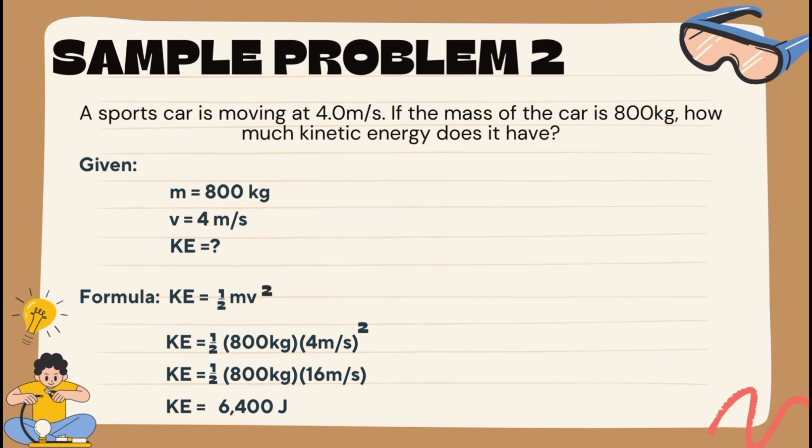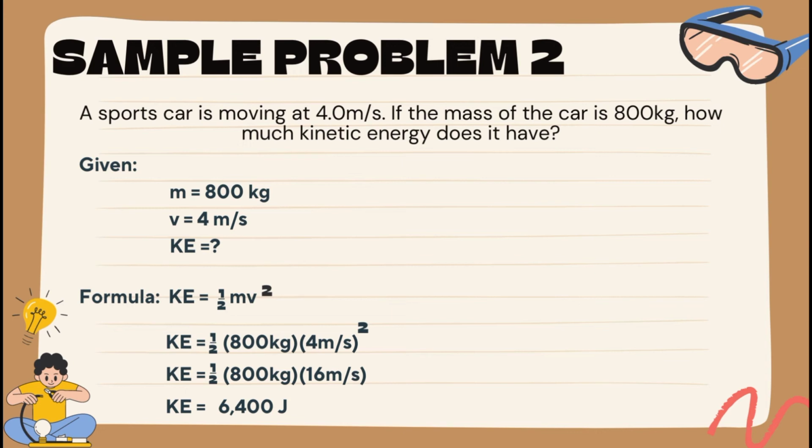The correct formula for kinetic energy is KE equals 1 half multiplied by m v squared, or KE equals 1/2 mv squared. After that, let's substitute all the given values. KE equals 1 half multiplied by 800 kilograms multiplied by 4 meters per second squared.